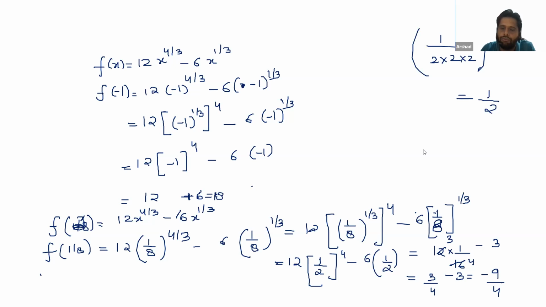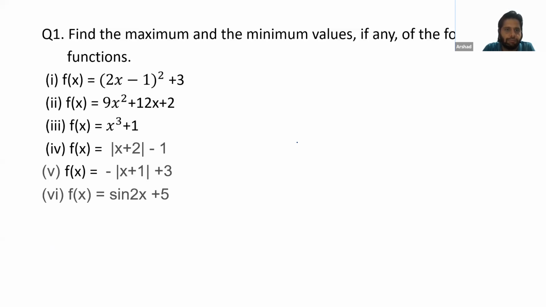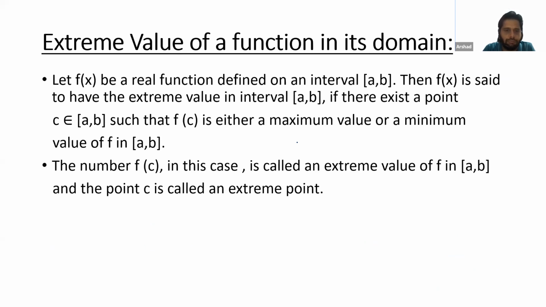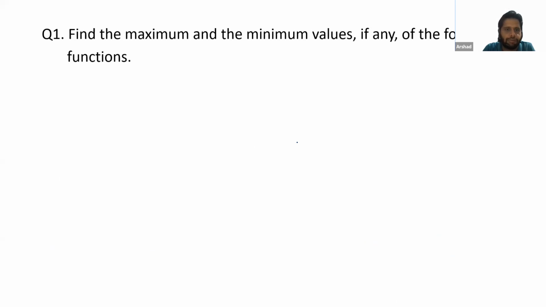Okay, so this topic is almost completed. We have done this. Now the last topic is we will quickly do some questions. Then your chapter is complete and we will start inverse today. Okay, so we have already discussed this.